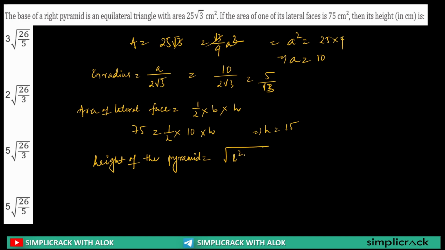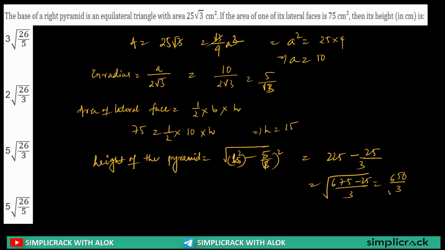Square root of the height, the slant height minus the in-radius square. So this is equal to square root of 625 minus 25 by 3, or 675 minus 25 by 3, square root of 650 divided by 3.